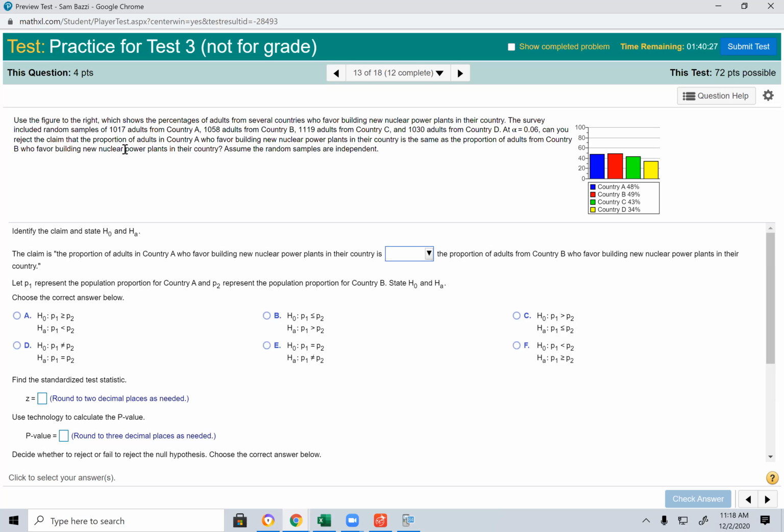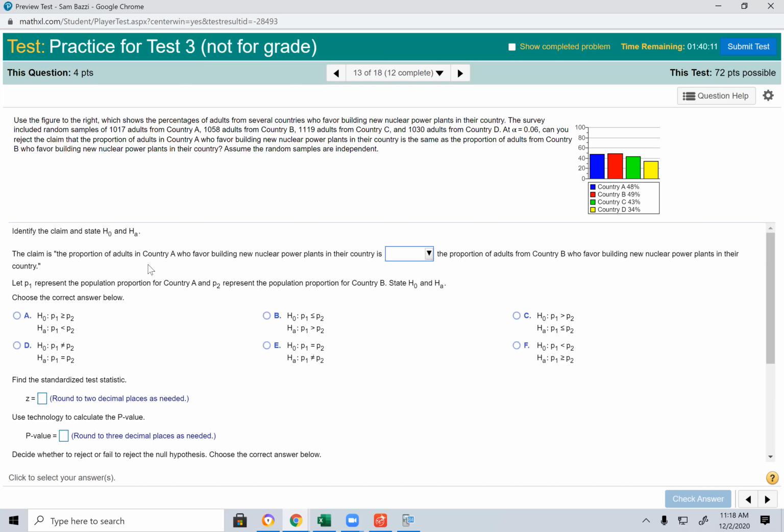At alpha equals 6%, can you reject the claim that the proportion of adults in country A who favor building new nuclear power plants in their country is the same as the proportion of adults in country B? So A and B, we want to check if they are equal.